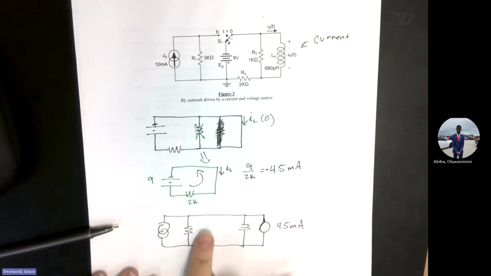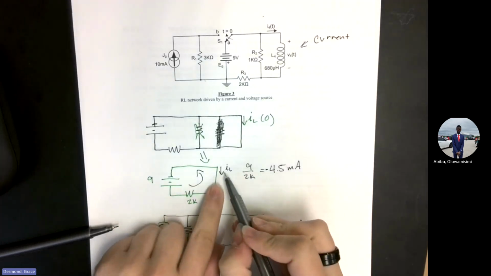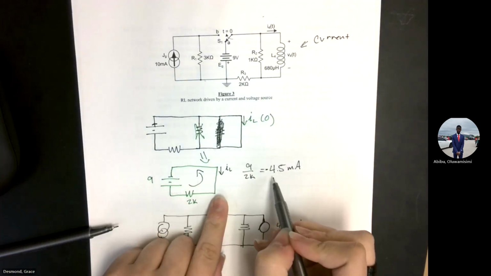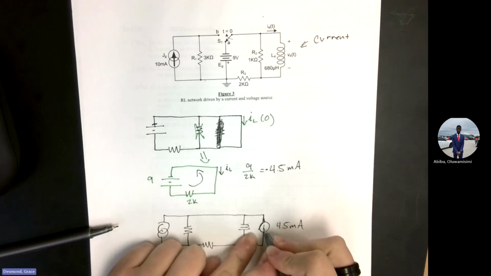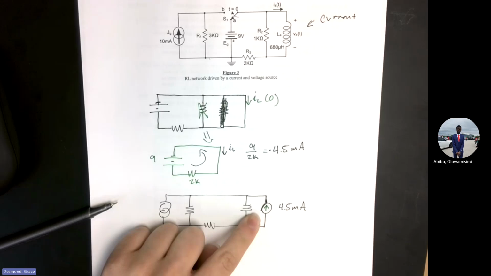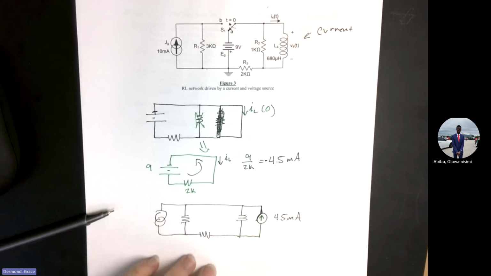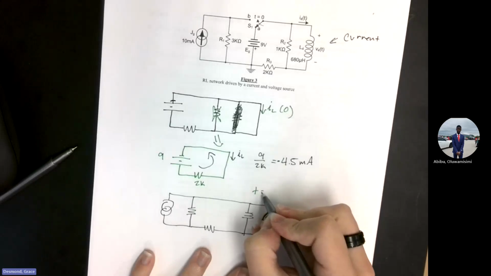So we said that the current going down is negative. That means that the current source is going to be pointing up and be positive. Oh, we use the previous number. Yes, because this is time equal to 0.